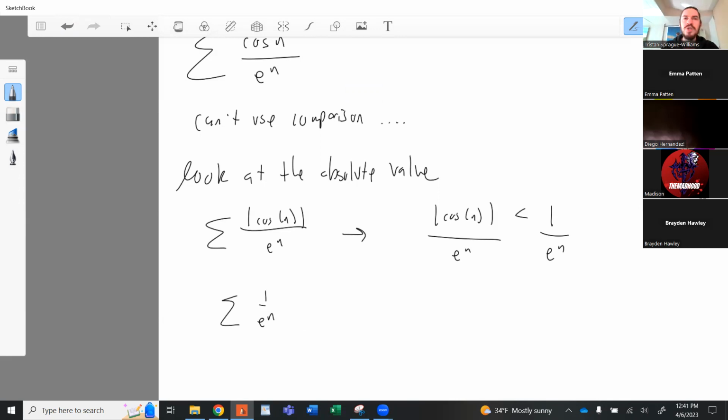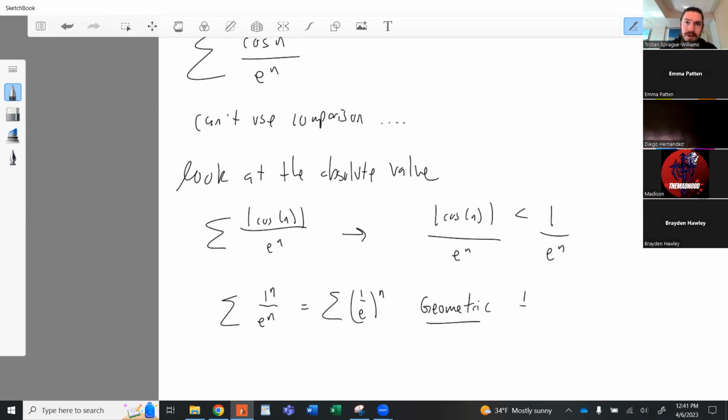How do we know that one converges? Let's just review that. But why does it converge? It might be useful to look at it as 1 is the same as 1 to the n. If you take 1 to the power of something, it's always equal to 1, right? So this is 1 over e to the power n. It's not a p series. It's a geometric series.